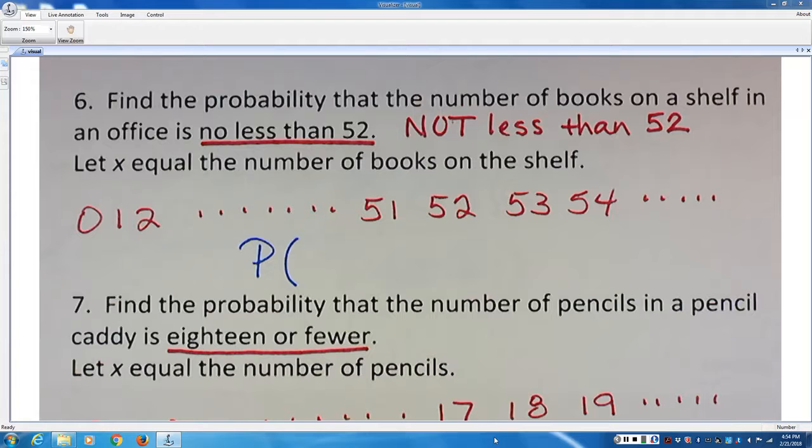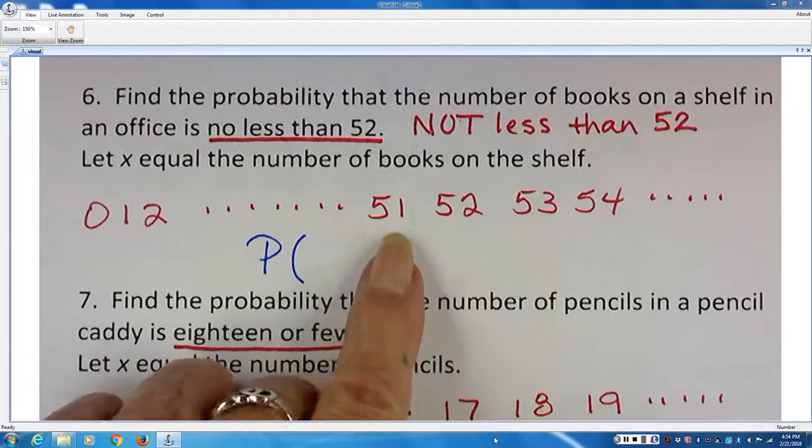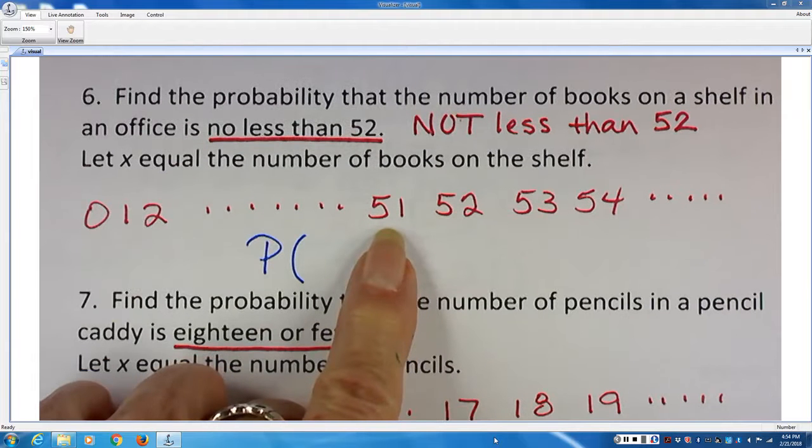Probability that the number of books on a bookshelf in an office is no, as in not. No, you cannot. Is no less than, or not less than, 52. Can you have 51 books? No, because it's not less.